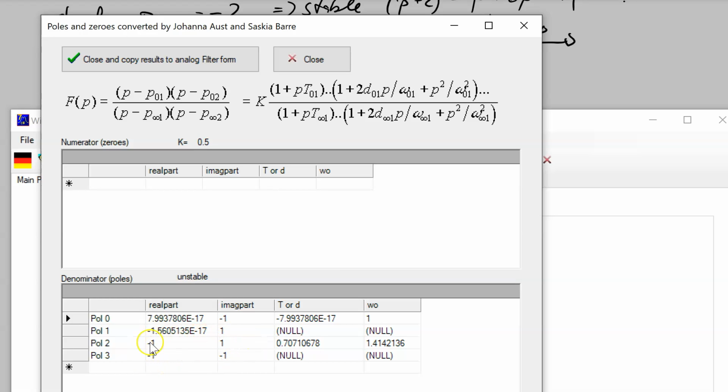That is a conjugate complex pole combination where the real part is negative, so these both are okay. The imaginary part here is the same, but here you see the program throws out an e10 to the power of -17. This is 0. Independent of this sign, 0 is not allowed.